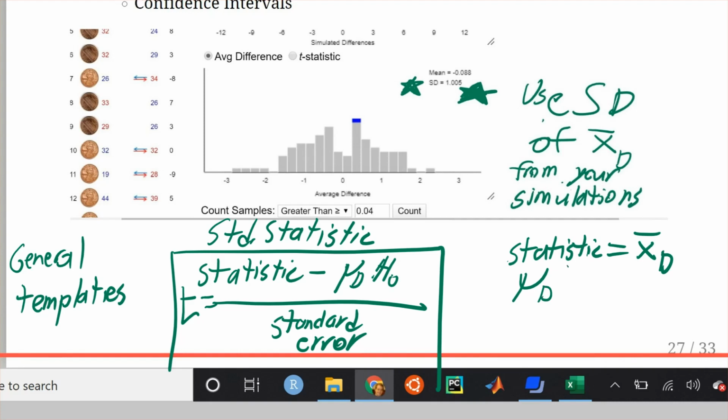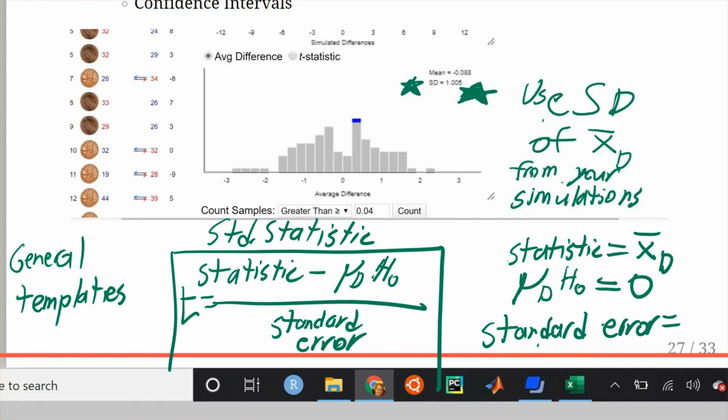The parameter, according to the null hypothesis, is 0. You can just look at your null hypothesis for that value. And then the standard error is shown in your null distribution plot.